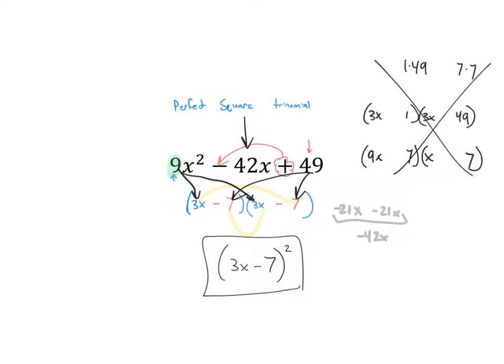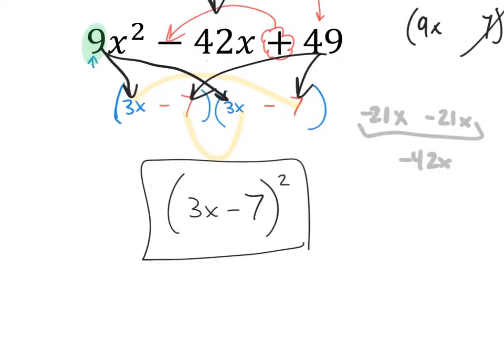And once again, even if you didn't watch this video, you could have still factored this by going through the processes we covered in 8.6, and you would have come to the conclusion that the factors are 3x minus 7 and 3x minus 7. Just remember to now shrink it down to 3x minus 7 squared.